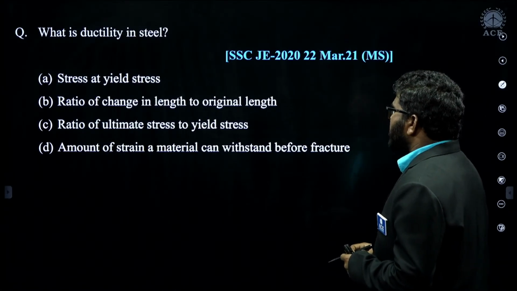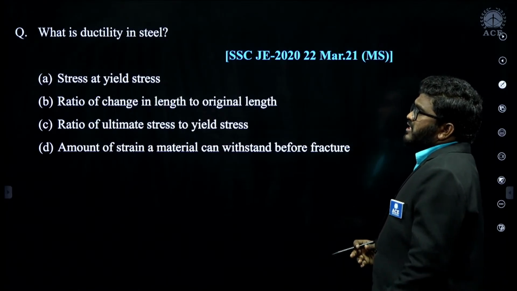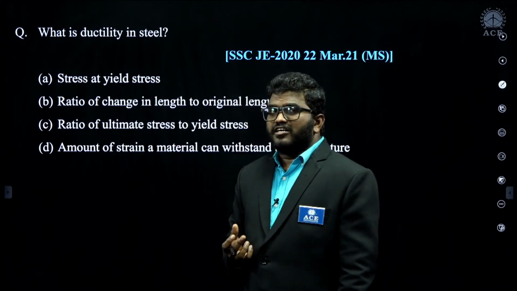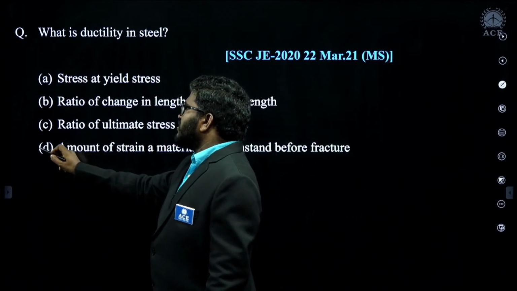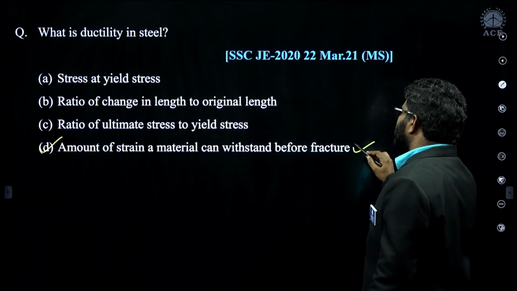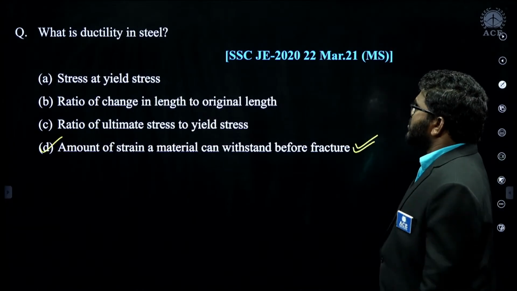Amount of strain a material can withstand before fracture, this is also correct. But here they are not asking the measurement of ductility, they are asking the ductility of steel. Ductility of steel is nothing but the amount of strain a material can withstand before fracture. So, D is the correct option for this question.